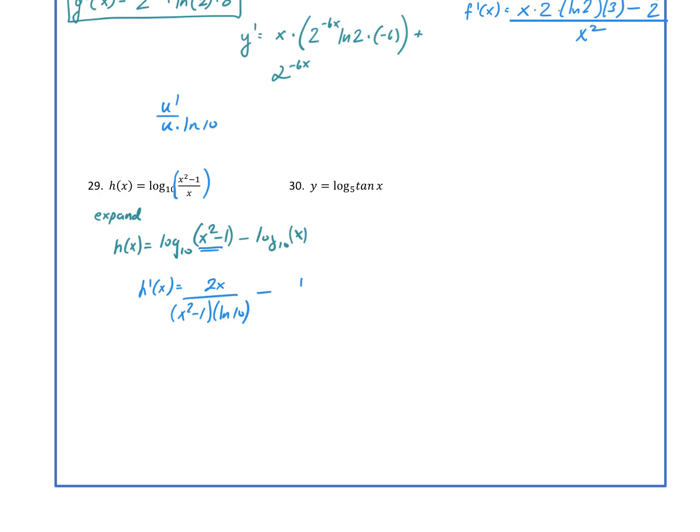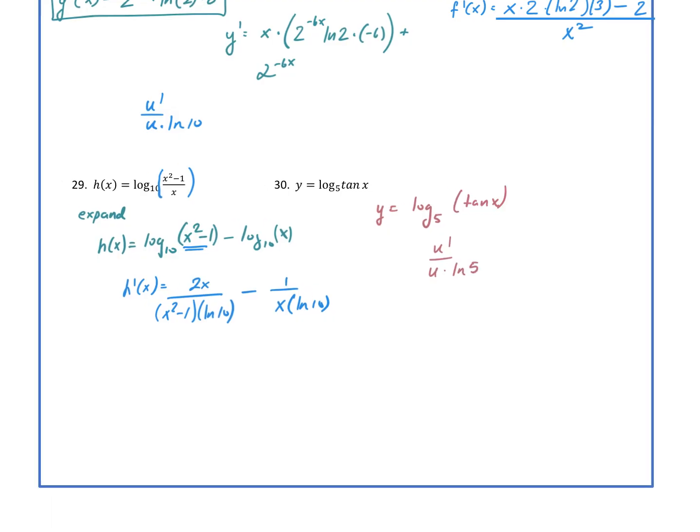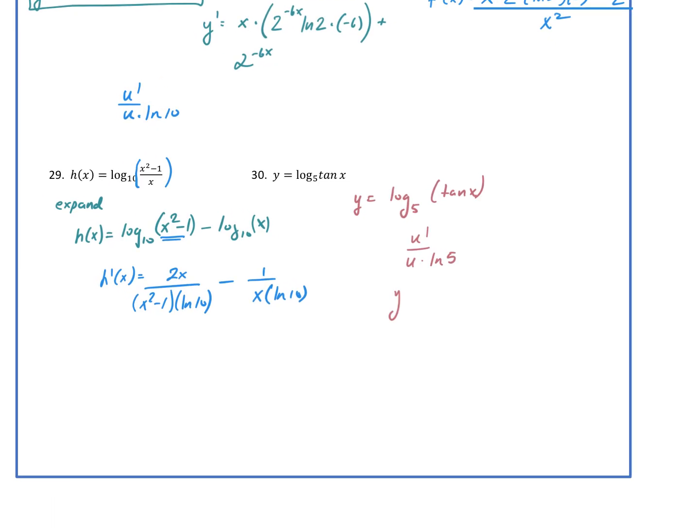Then it's u prime over u, and then ln of 10. And again, I would not try to simplify. The last one, we have log base 5 of tan of x. It's u prime over u times ln of 5. Derivative of tangent is secant squared. U prime over u times it by the ln of the base.